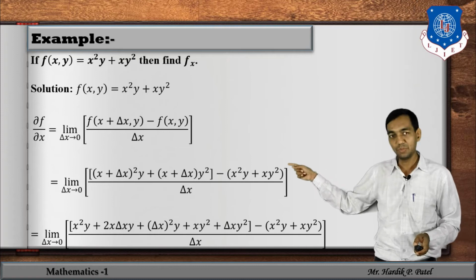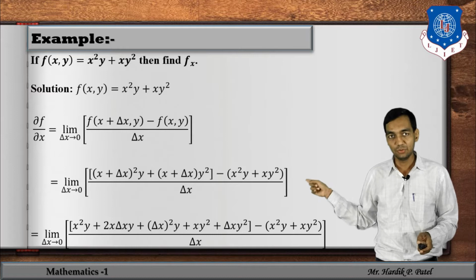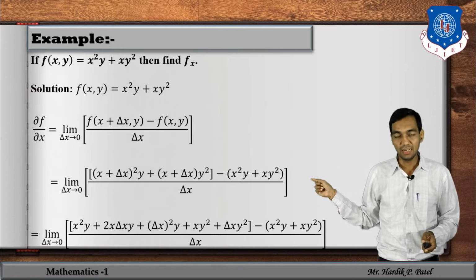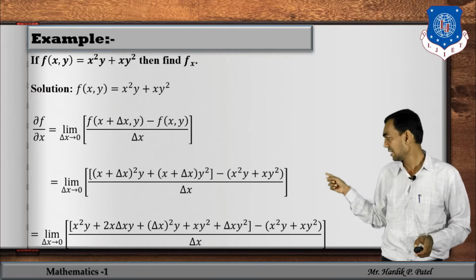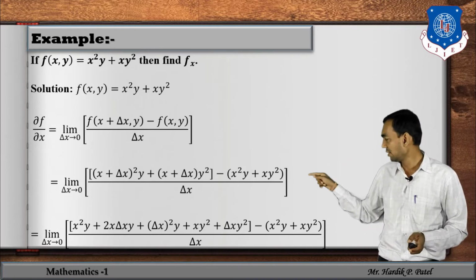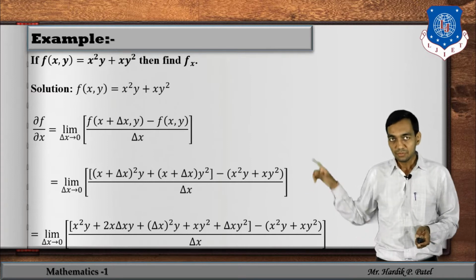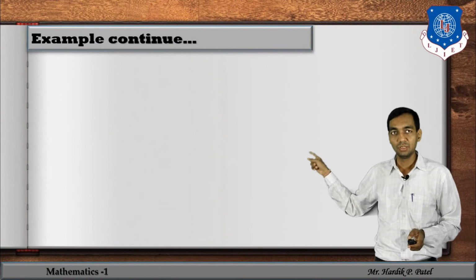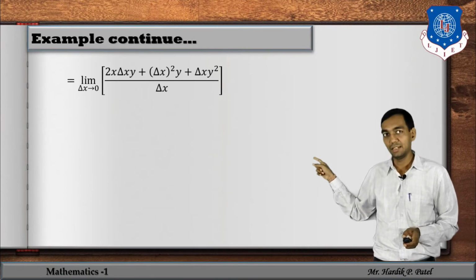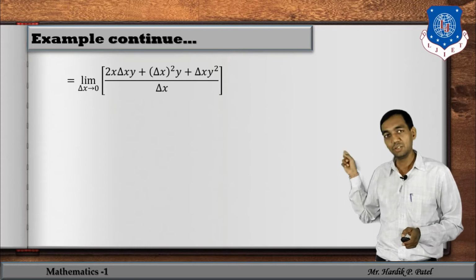Expand the function and simplify, that will give x square y plus 2x into delta x into y plus delta x whole square into y plus xy square plus delta x into y square. Now, x square y and xy square will be cancelled out and you will have limit delta x tends to 0, 2x delta x y plus delta x whole square into y plus delta x into y square.